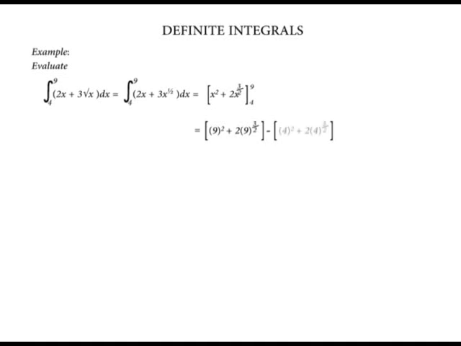So we shall have 4 squared plus 2 times 4 raised to power 3 over 2 in that square bracket. That gives us 81 plus 54 minus 16 plus 16. That gives us 135 minus 32, giving us 103.